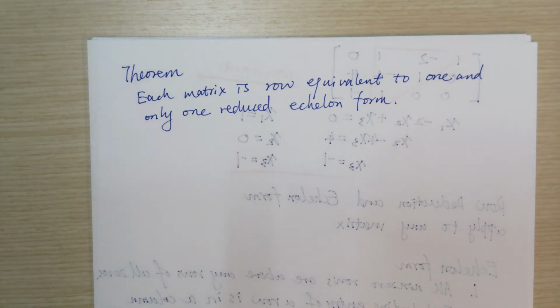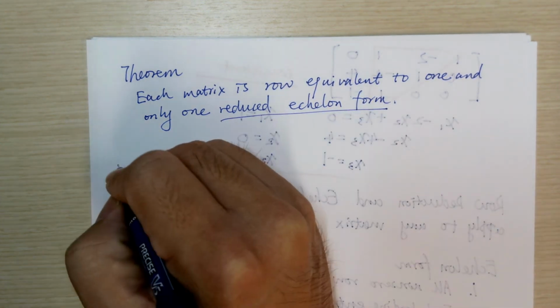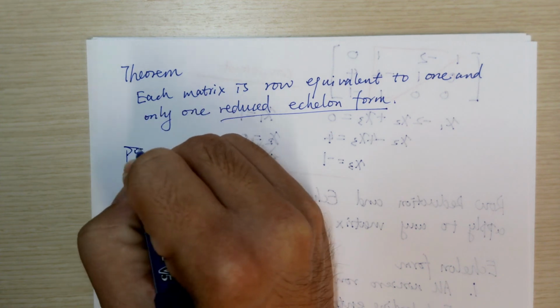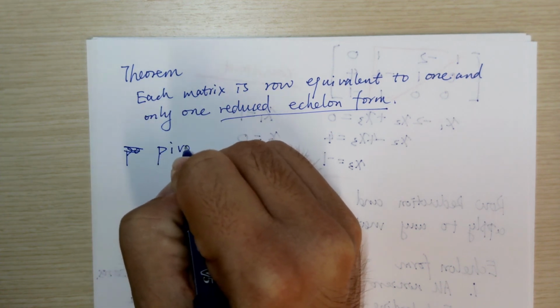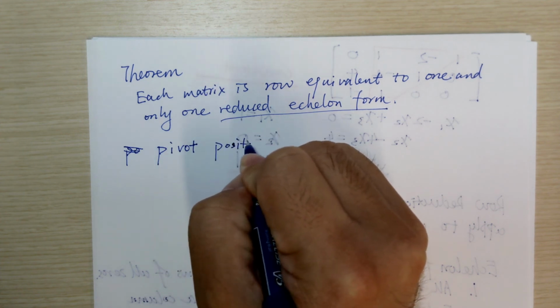On top of that, based on this reduced echelon form, we also introduce another concept called the pivot position.